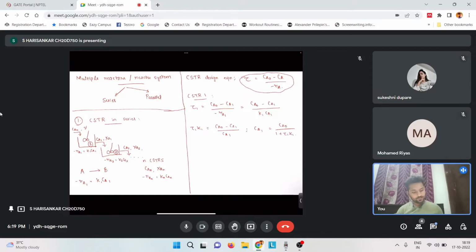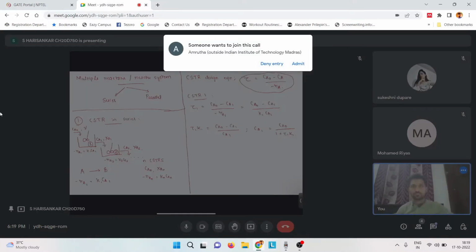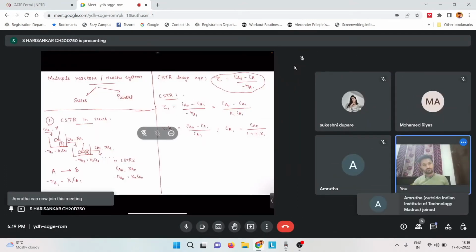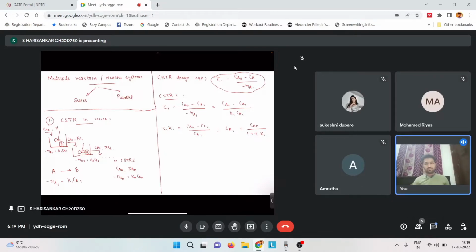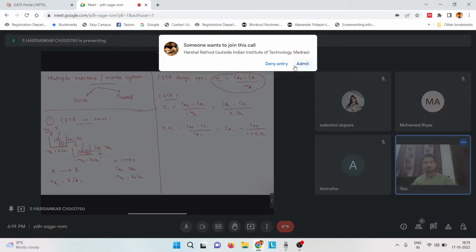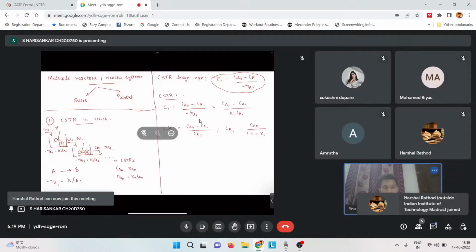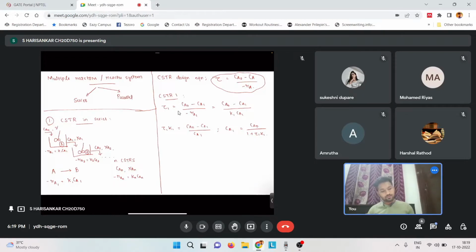So basically what we did is just a basic rearrangement of this equation.